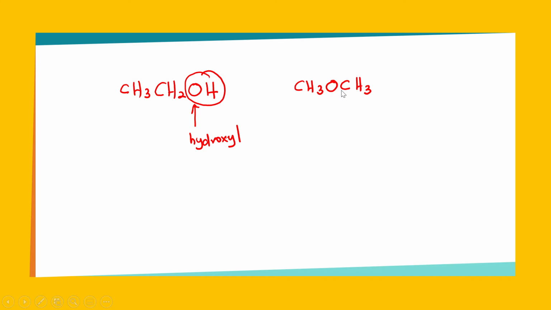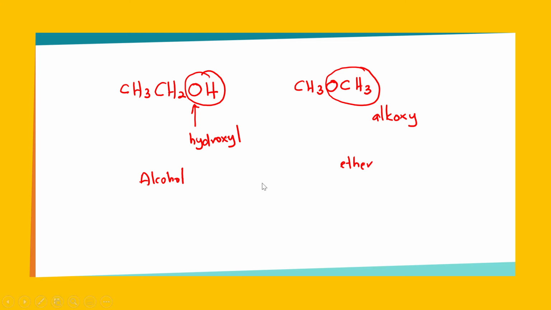So because of that, we can circle this, and the functional group is alkoxy. What is the class of the compound? For this one, it is an alcohol, and for this one, it is an ether.